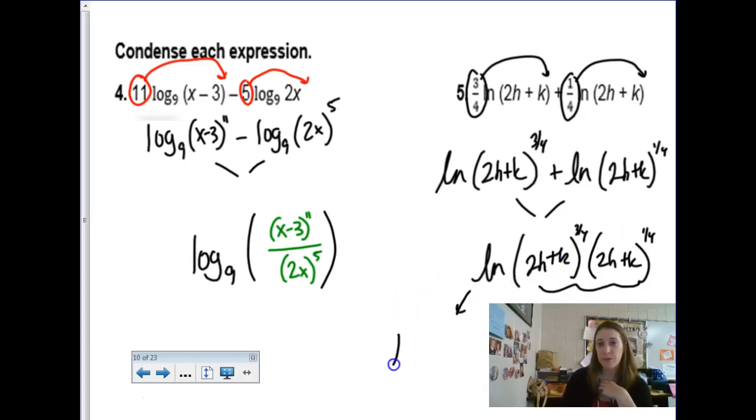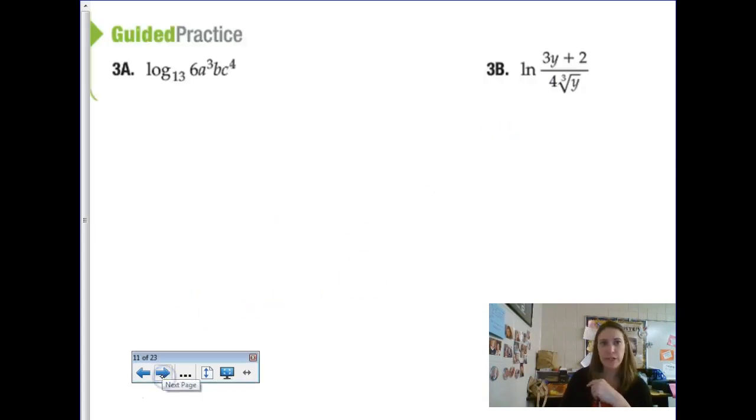So, whoops on my part. This was natural log of 2h plus k. You can say to the 1st power, or you can just say 2h plus k within that logarithm. In hindsight, I could have just added these like terms together. 3/4 of this term plus 1/4 of that term is 1 of that term. So, my bad. I didn't notice.